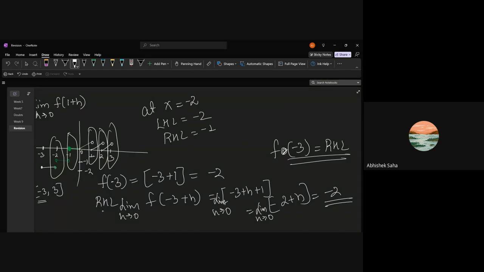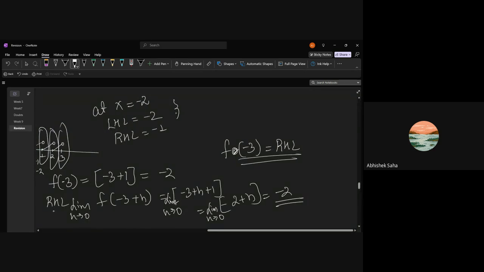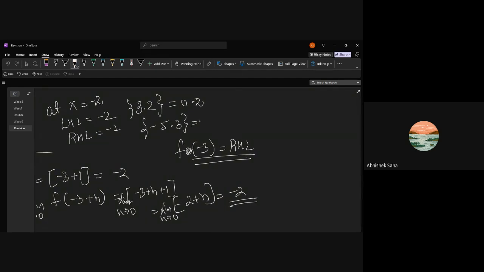At this fractional part also, whenever you go to an integer, it will give 0. See the fractional part. Suppose, what is the fractional part of 3.2? That is 0.2, right? If it is -0.3, what is the fractional part? 0.3 is the fractional part.